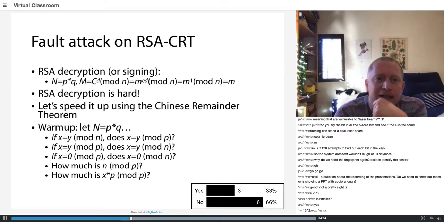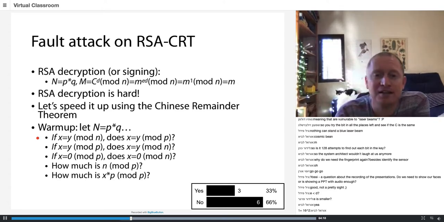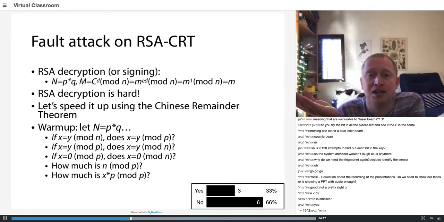So the correct answer is yes. What does X equal to Y modulo N mean mathematically? It means that X is equal to Y plus something times N. So, let's draw it.